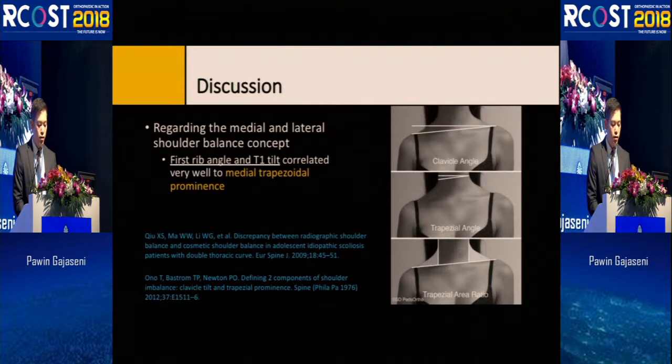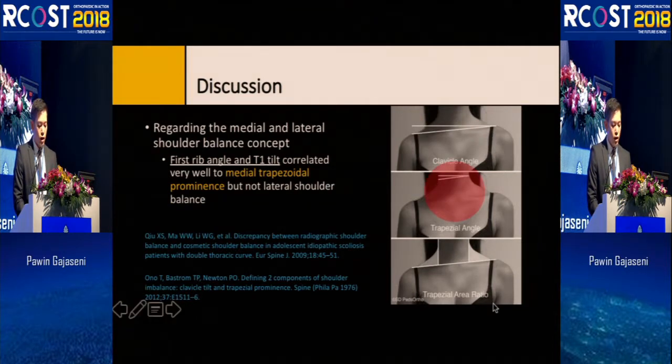The first rib angle and the T1 tilt correlated very well with the medial trapezial prominence, but not the lateral shoulder balance. And the lateral region, as reflected by the clavicle angle, correlated weakly with the T1 tilt, thoracic curve side, or thoracic apical deviation from his paper.